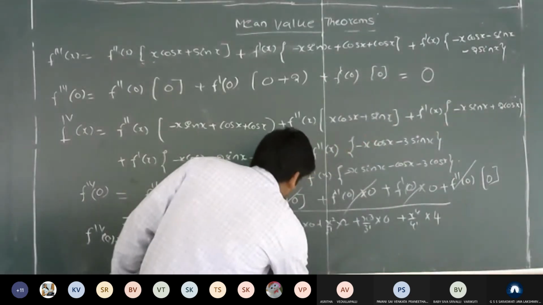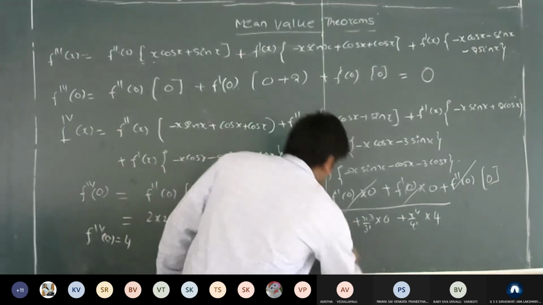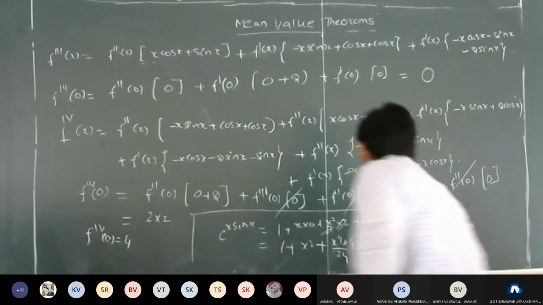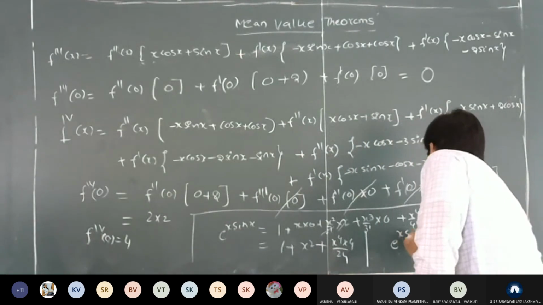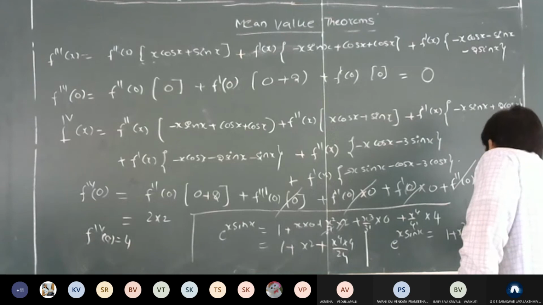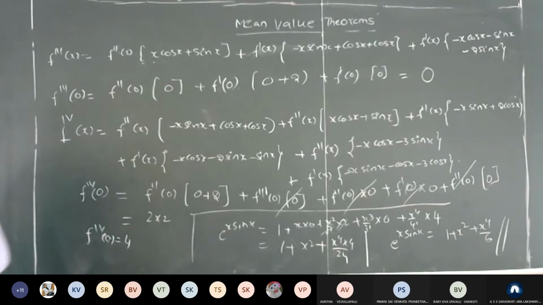That is 1 plus x square, the 2 gets cancelled, plus x power 4 into 4 by 24. So e power x sin x is equal to 1 plus x square plus x power 4 by 6.